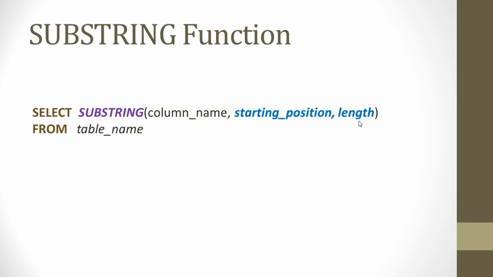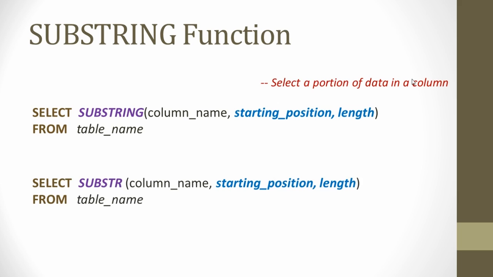In the sense, do you want to get 4 characters, 5 characters? That's the length you want to specify. So this is going to select a portion of the data in a column. In some systems it is substring fully spelled out, and in some it is just SUBSTR. So once again we have the starting position and the length.